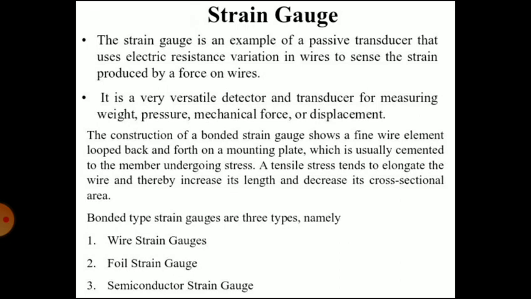Then the second type of displacement transducer is the strain gauge or strain gauge element. The strain gauge is an example of a passive transducer that uses electrical resistance variation in wires to sense the strain produced by a force on wires.